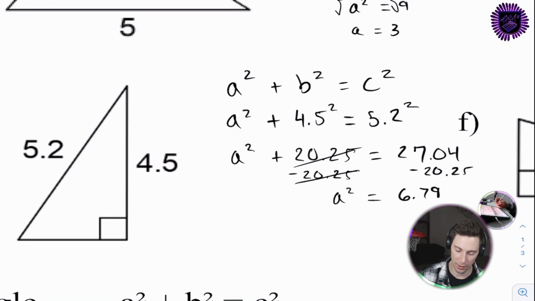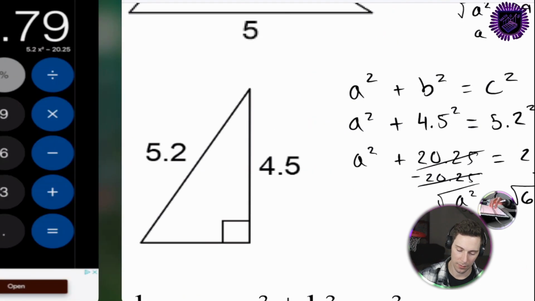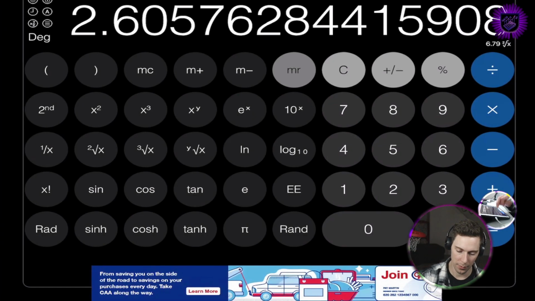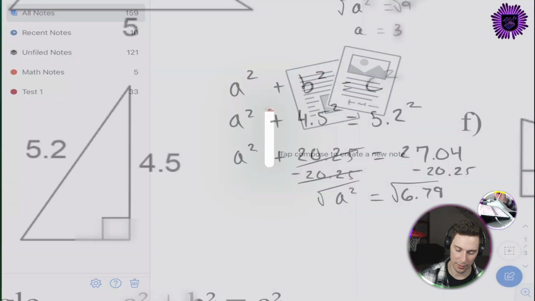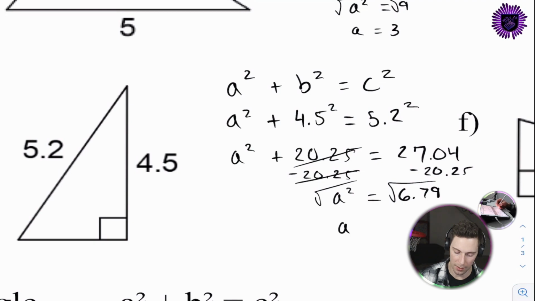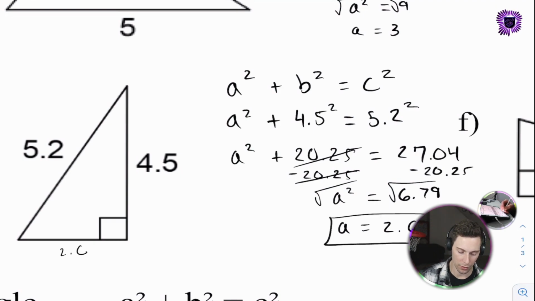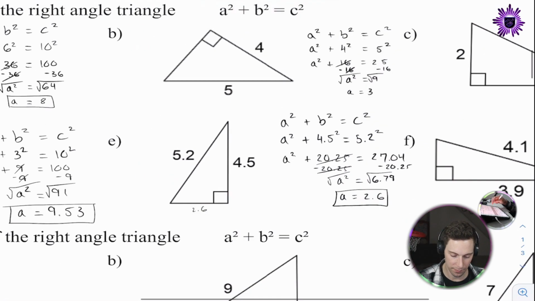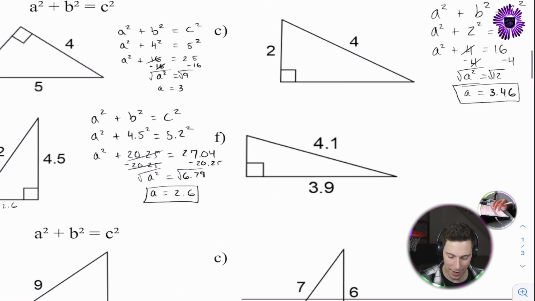And then we can square root both of these. Square root, 2.6. The side A is equal to 2.6. All right, what's the next one here? 3F.